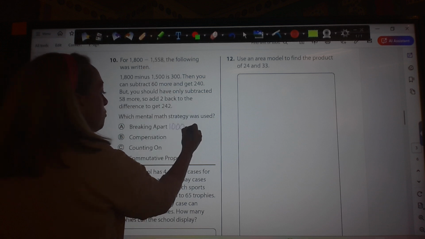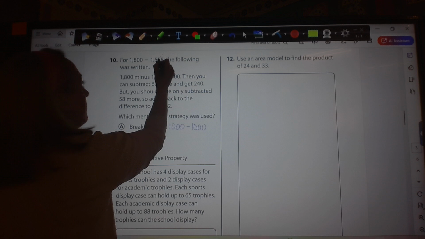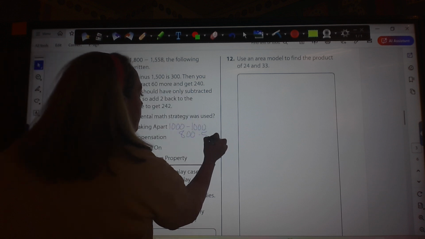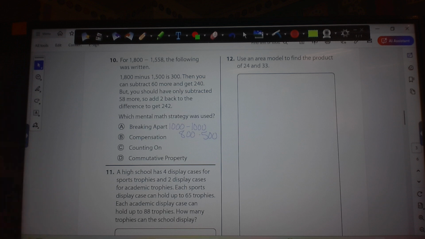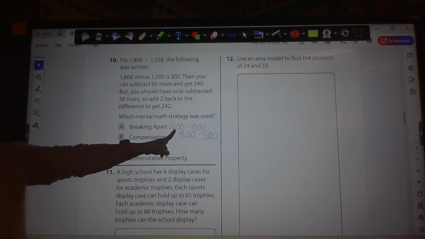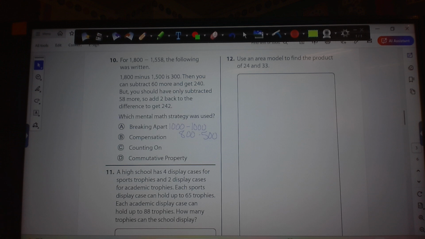If we broke it down into 1,000 minus 1,000, and then we did 800 minus 500. So you're breaking it down into expanded form and then you're subtracting. Is that what they did here? No, that's not what it said. They did 1,800 minus 1,500. They didn't do this. What is compensation?